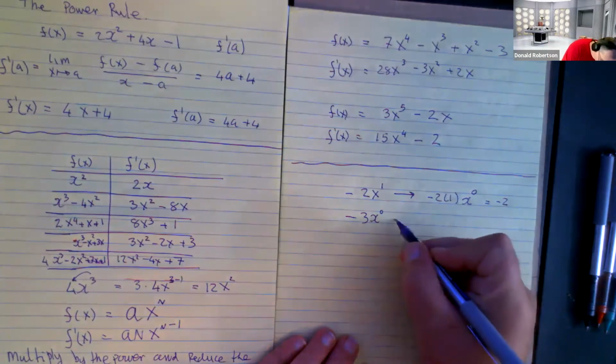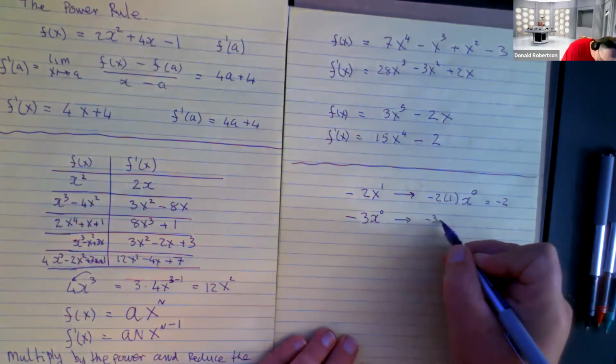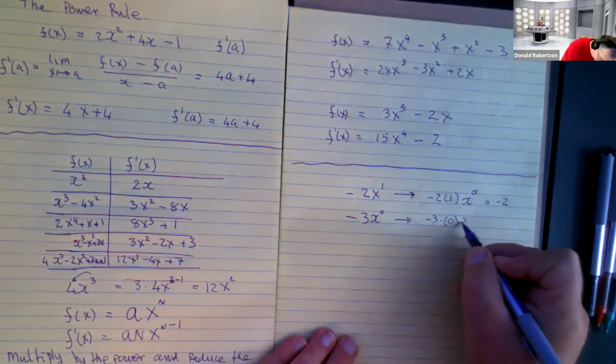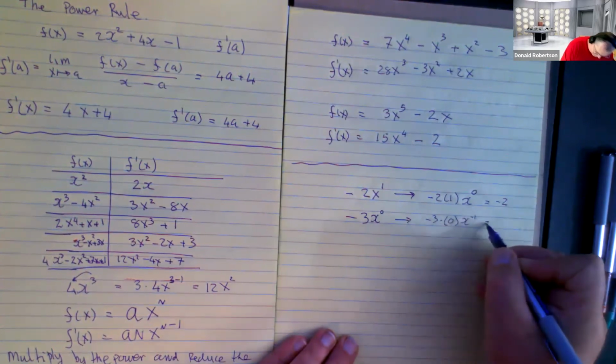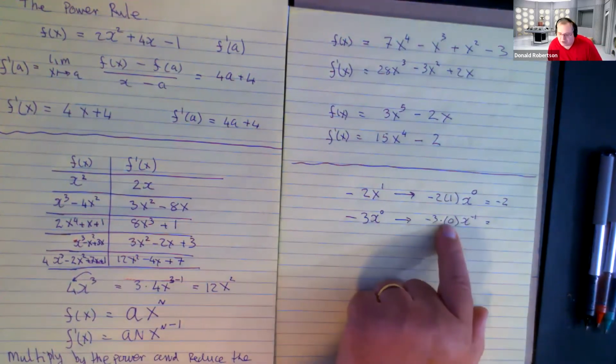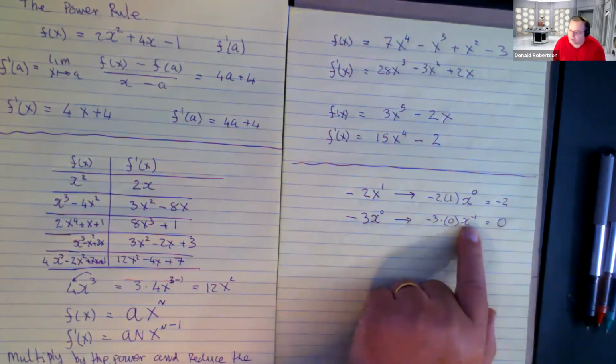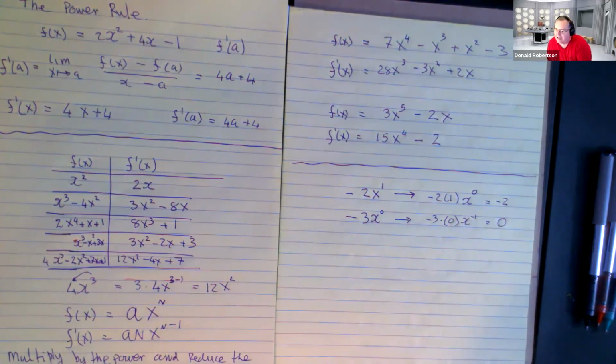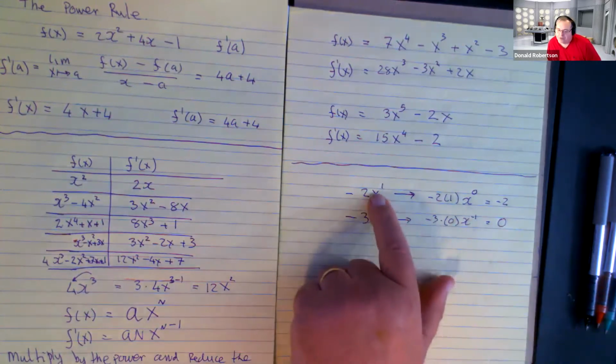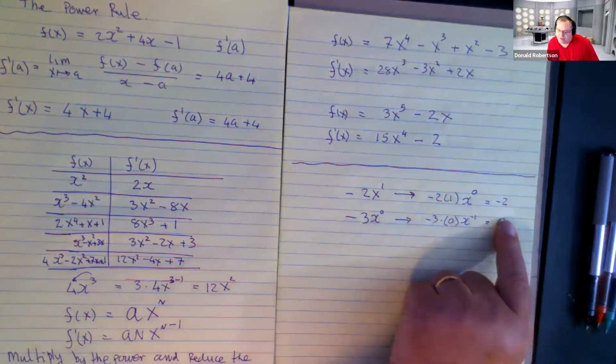And according to the power rule then, you multiply by the power, and then you reduce the power by 1. Well, negative 3 times 0 is 0. And would you agree that 0 times anything is just 0, so we don't really care about the funny x thing that you get, it's still 0. Have I convinced you then that numbers give you 0 as their derivatives?